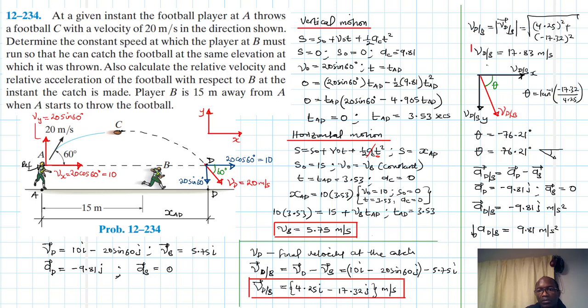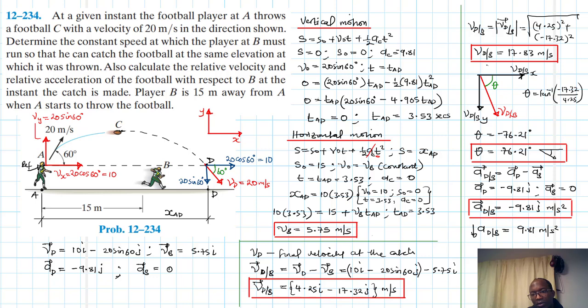We found its magnitude, and we found its direction. Okay, there we go. And then acceleration, this is just in one direction. Only the ball is going to be experiencing acceleration in the vertical direction, and we have its magnitude there.